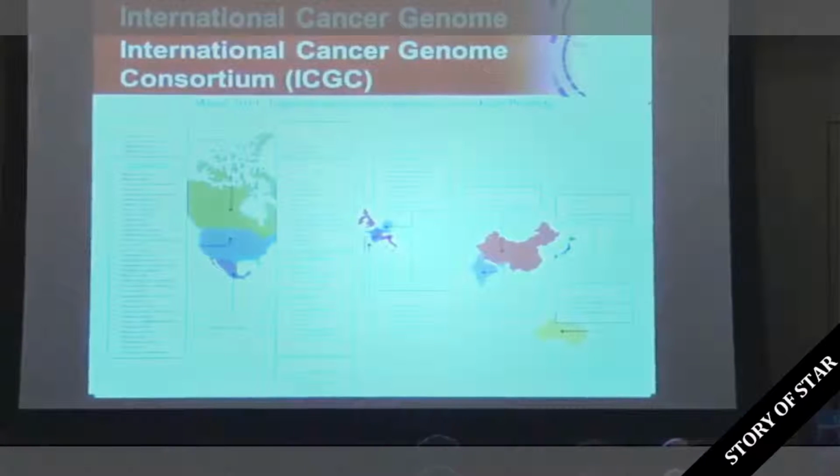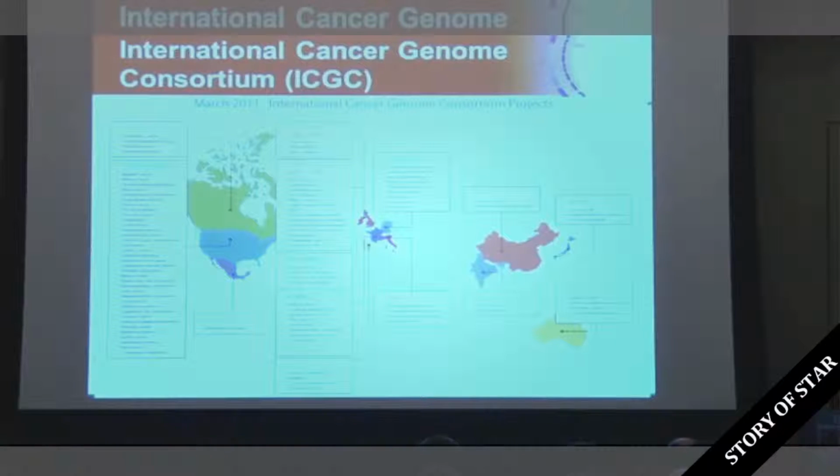Obviously, I'm not going to go through all this, and many of the cancers are relevant to specific countries. So it's kind of interesting that for liver cancer, China is focusing on one type, Japan is focusing on HBV-associated liver cancer, and they've teamed up with France, who's studying alcohol-associated liver cancer.